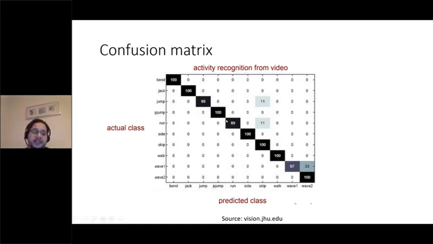The confusion matrix tells us these are our classes, and this is what the model recognized. What we want is for the diagonal to be 100%, the maximum. So if this is the actual class, and we recognize it as this class, we will have a number here.